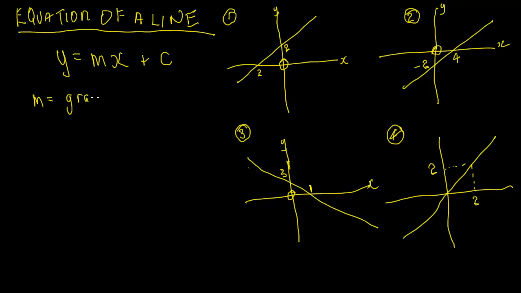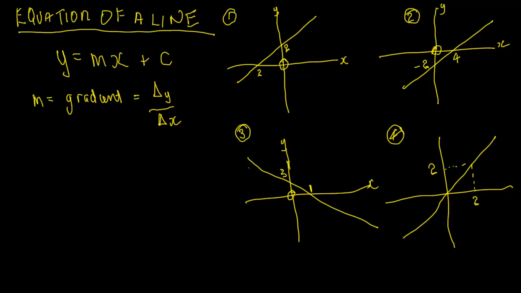M is the gradient of the line, and if you just look at the line, it's equal to the increase in the y direction. So looking at that there, that would be 2. So we'll just show that here: delta y being the increase over delta x.